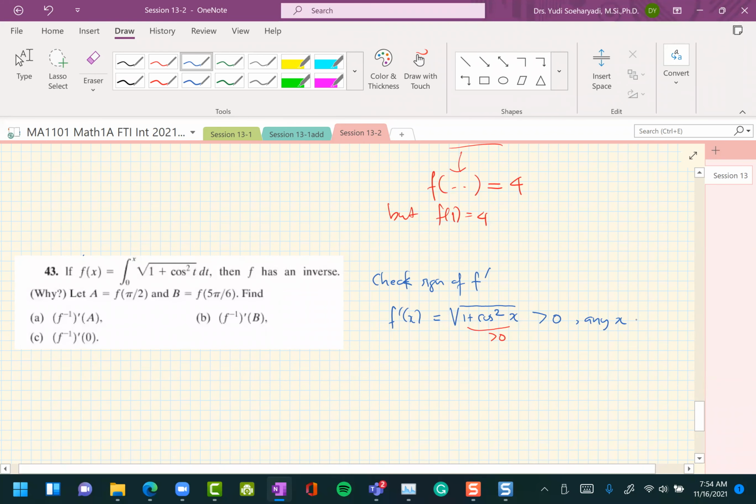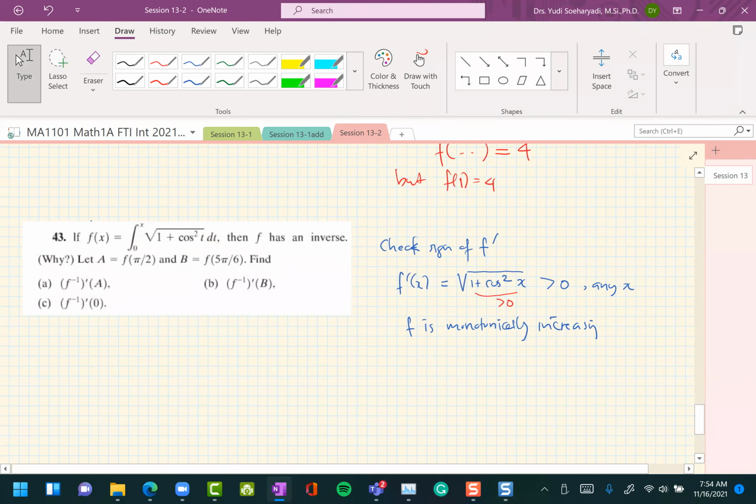Okay, that means this is monotonically increasing, and therefore injective. Then the inverse exists.